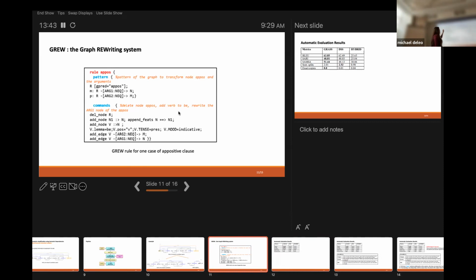The rule is composed of the pattern, so we search for the subgraphs in order to transform them, and the commands. So what we want to do is search for a node that is called apposition, delete this node, add some nodes, or change the places of some nodes.